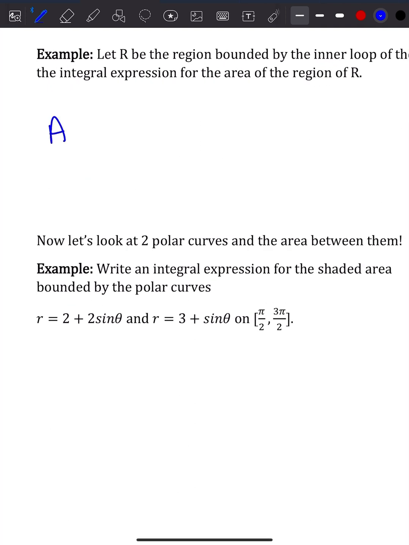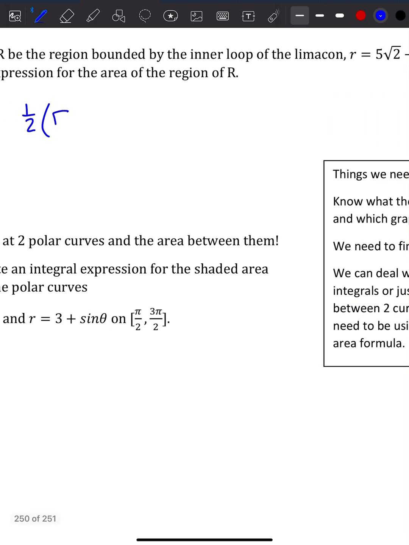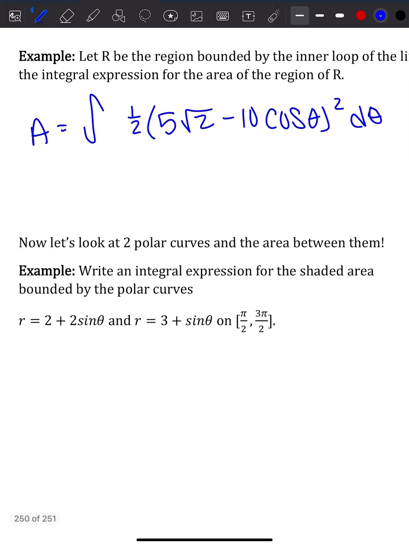I know the area is equal to our bounds, we need a 1/2 times the square root of 5 times the square root of 2 minus 10 cosine theta squared d theta. And then we need to find our bounds. So our bounds here, we need the start and the stop.